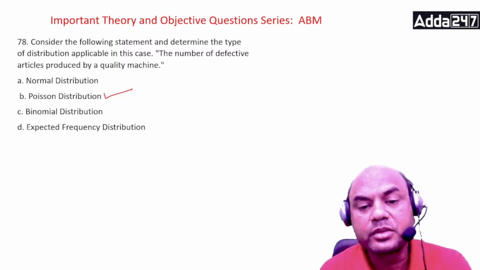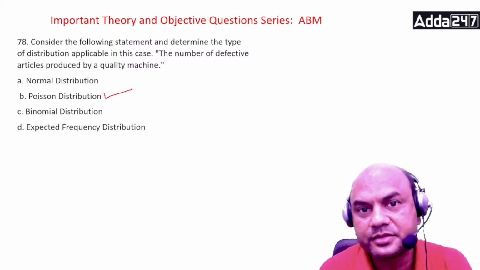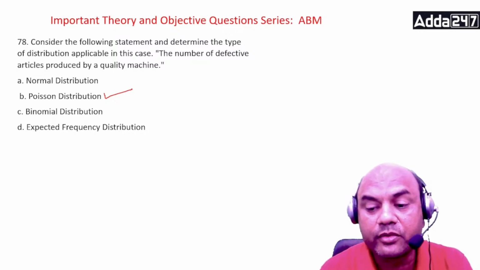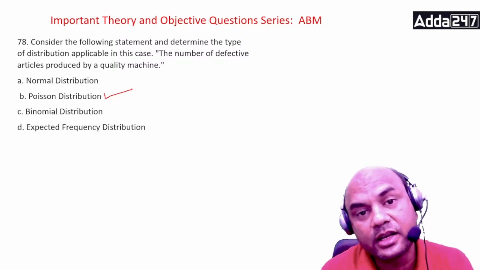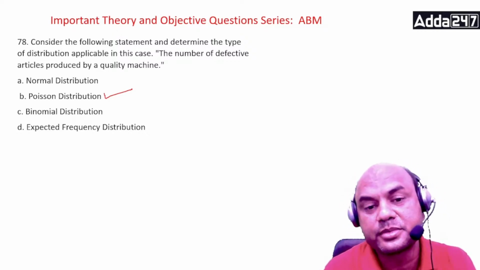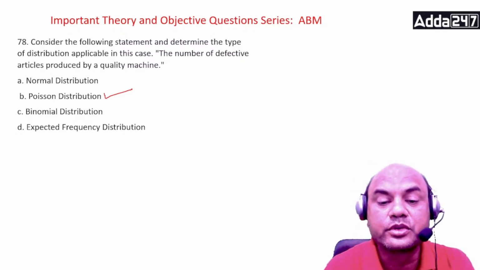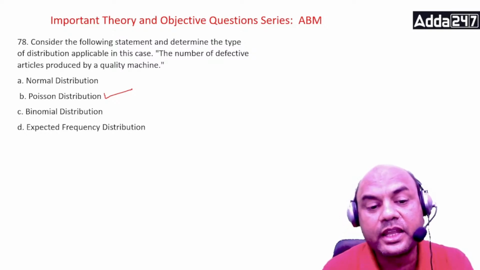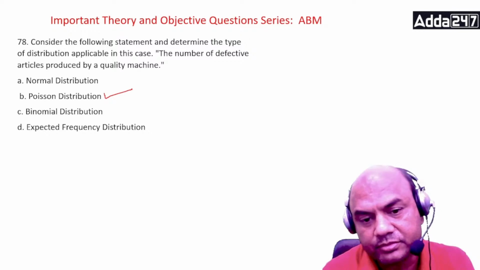What is the Poisson distribution? It is applied when the total number of events is large and the probability of occurrence is very small. Events are large and occurrence is very small. This is the basic nature of Poisson distribution. It is a probability distribution that shows how many times an event is likely to happen over a given period of time, meaning likely to repeat.